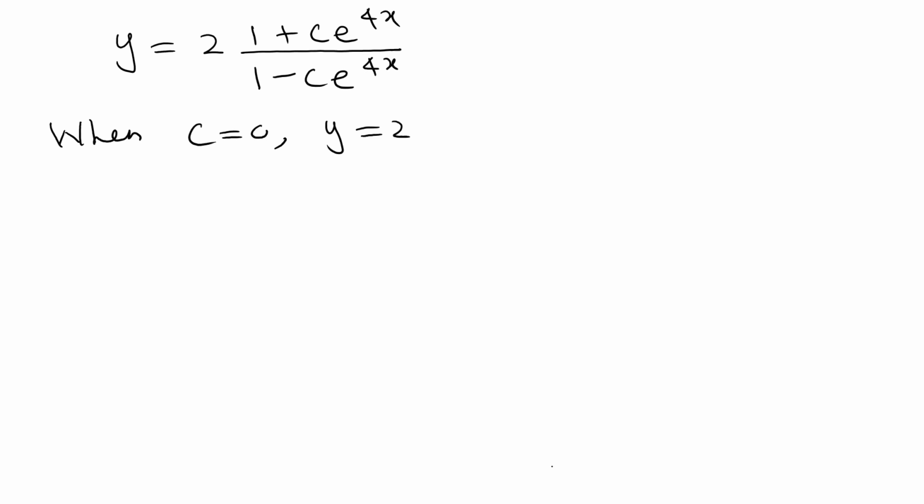And then let's see something else. Also, if you divide this whole expression, the top and bottom, by e to the 4x, you can divide by this term. So then what happened? You can write the solution like this.